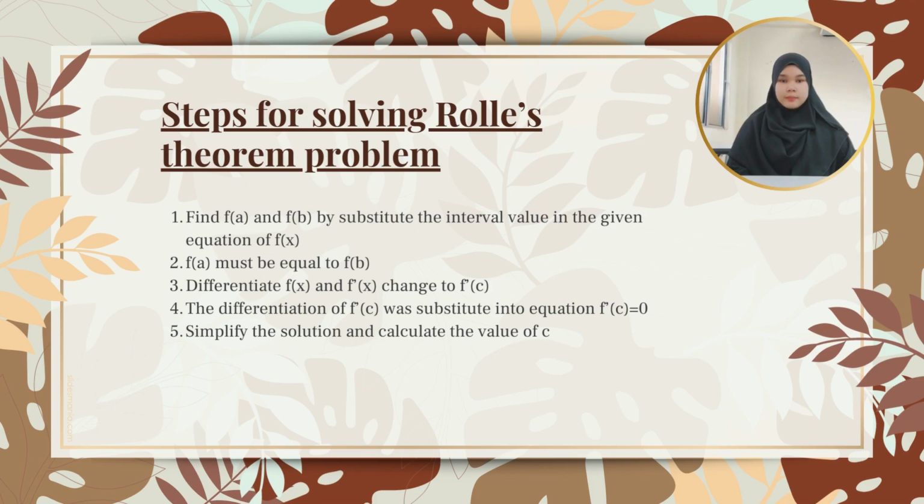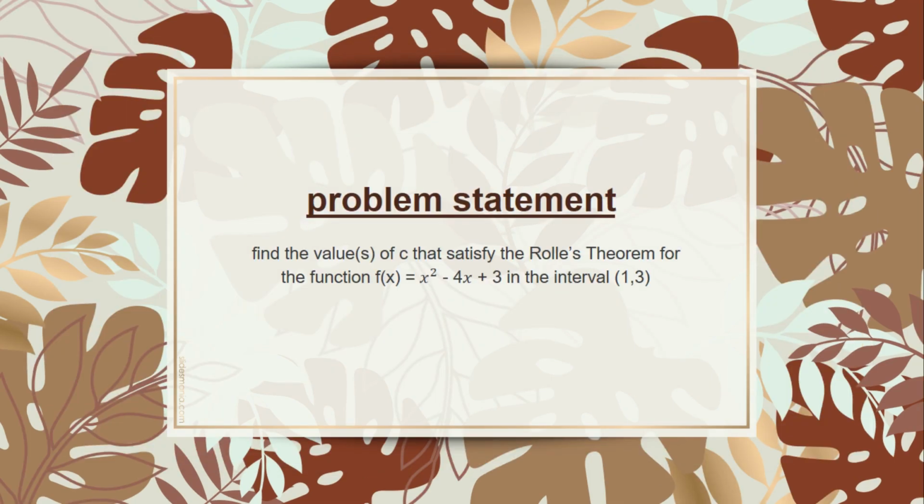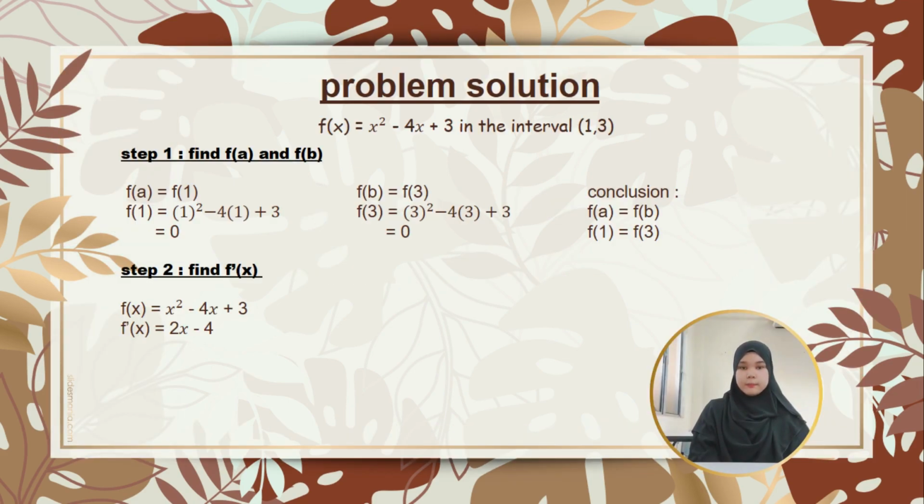To understand it more, let's look at the example. To solve the problem, we need to find f(a) and f(b) first. f(a) is equal to f(1). Then, we substitute the value of 1 into f(x). So, we will get 1 squared minus 4 multiplied by 1 plus 3. We simplify it and we get 0 as the answer.